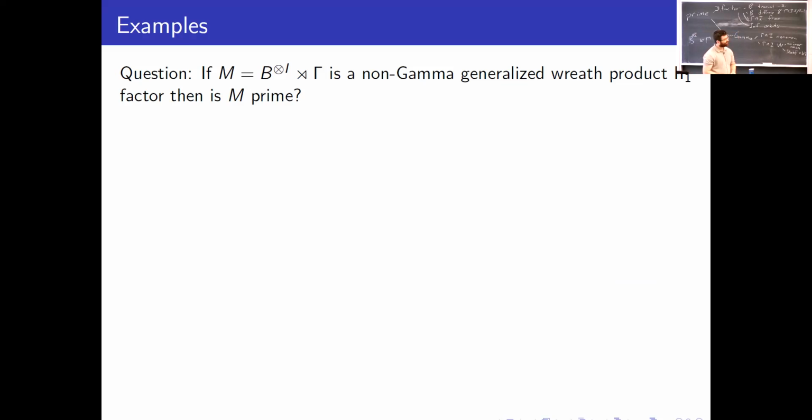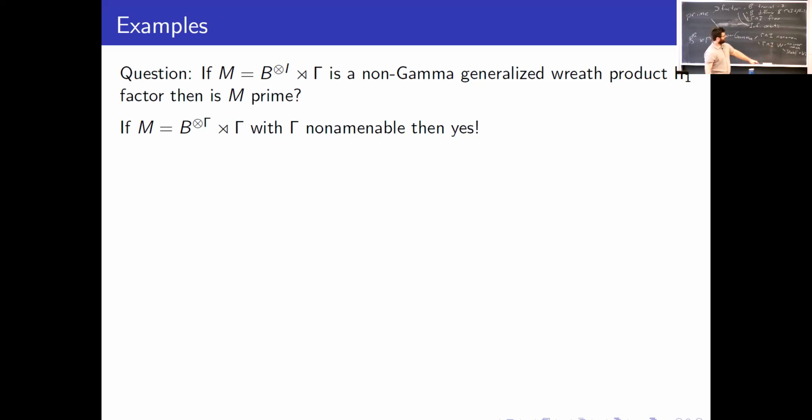Well, one of the things I learned at Waterloo is that if you have one example and it works, then it's probably true. So let's Bayesian update our odds. First example, this works. This cross product satisfies all the conditions. Gamma is non-amenable, so the action is non-amenable.